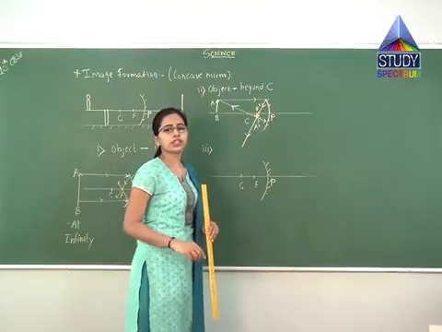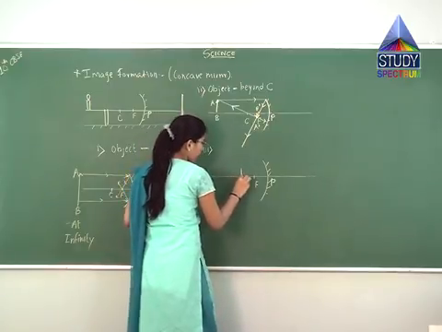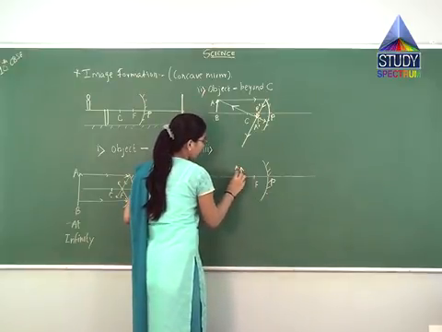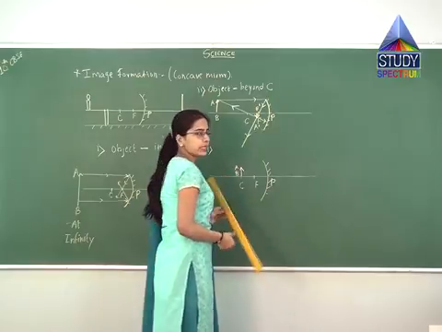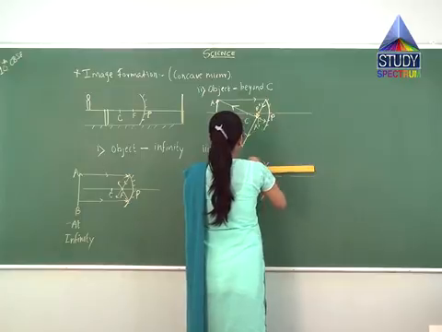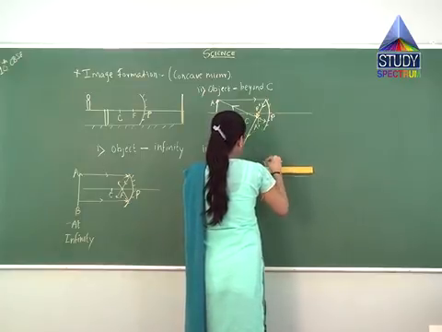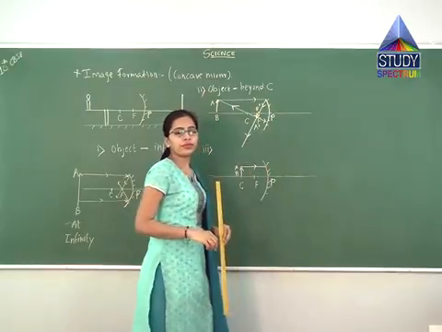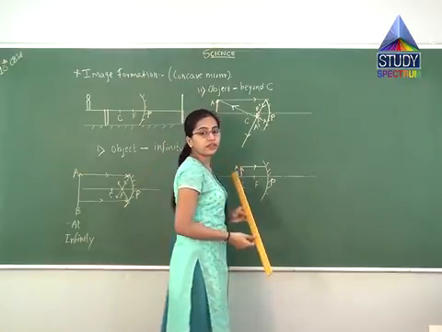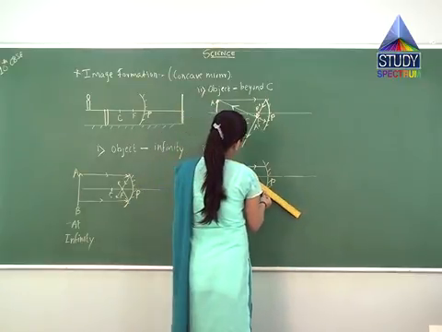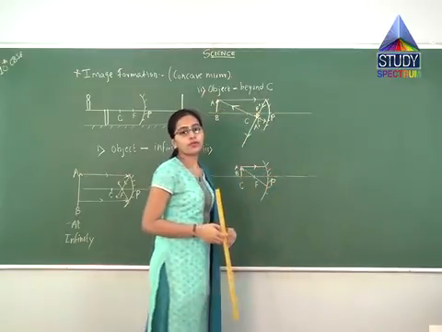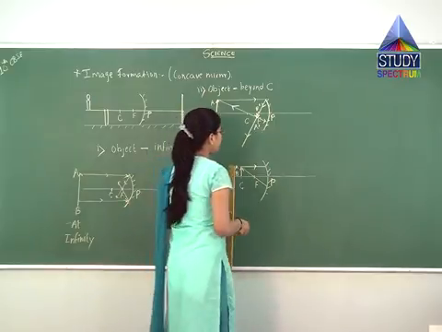Now according to our condition, we are putting our object at point C. So this is my object A, B. So again a similar thing, a ray coming from A, first ray will pass parallel and second ray will pass through focus.